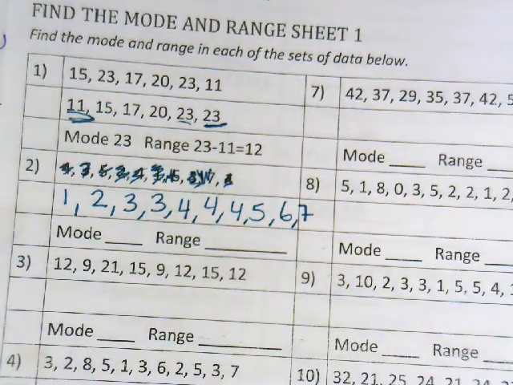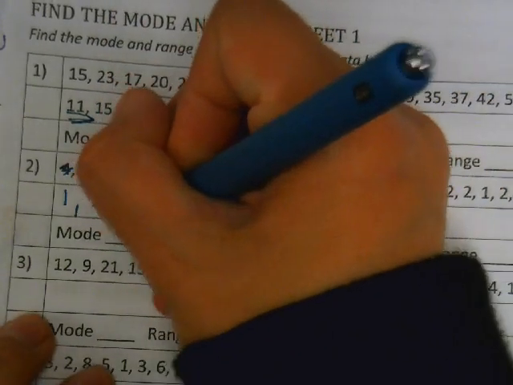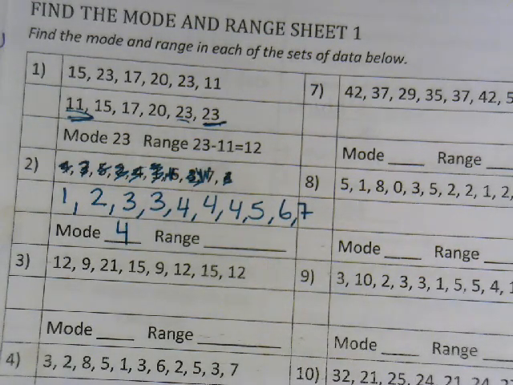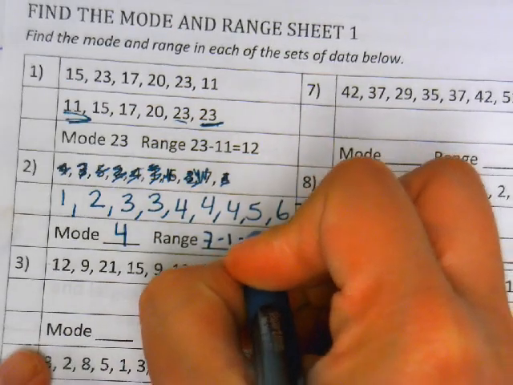Which number repeats the most? 48. What's our range? How did we get 6? Yep. 7 minus 1 is equal to 6.